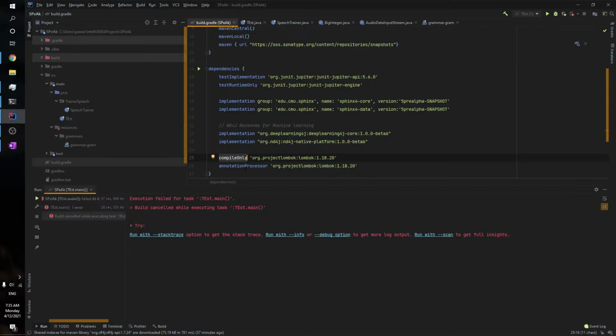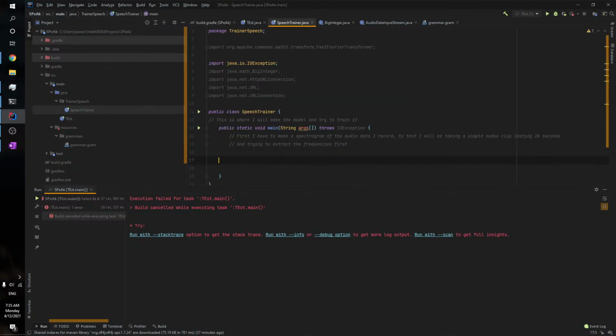Let's stick with implementation. Implementation, and hit rebuild. Should do this really quickly. There we go. The file should be available. Go ahead and import that.